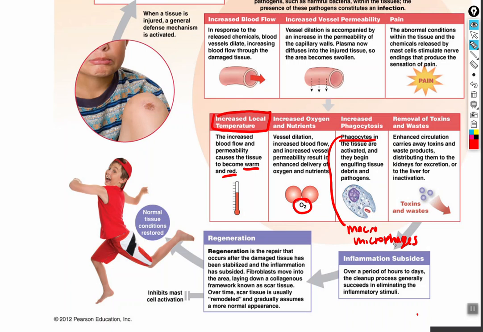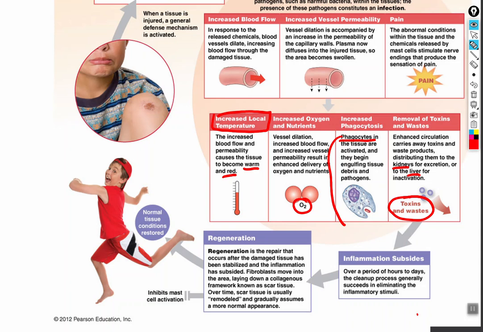And then you also want to carry the toxins and wastes away from the site of injury so that they can get dealt with. Specifically, you're going to end up peeing and pooping them out. So the kidneys and the liver are going to turn those toxins and wastes into less harmful products. They're both capable of doing some pretty magic chemistry, and that helps you clear that stuff out of your body.